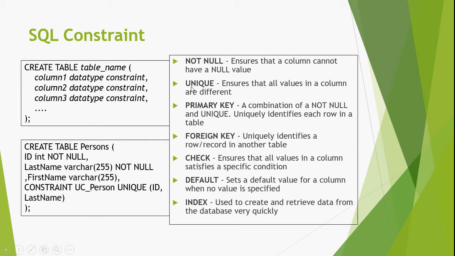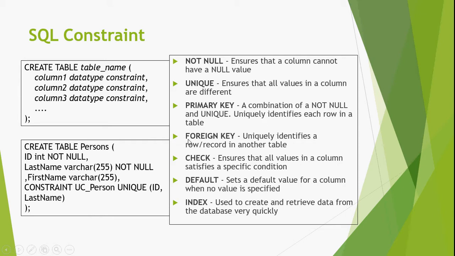On the other side, unique ensures that all the values in a column are different. So we may have 10 rows, but all the values should be unique. And not null, which we already used, ensures that a column cannot have a null value. If we use this constraint, we cannot enter any null or empty value in that column.